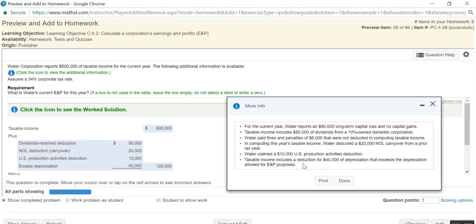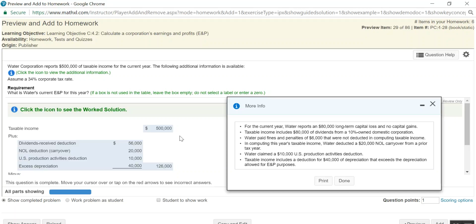And lastly, they tell us in the facts that there's $40,000 of depreciation that exceeds the depreciation allowed for E&P purposes. So of the total tax depreciation taken that's part of the $500,000 of taxable income, 40,000 would not be allowed for E&P purposes.